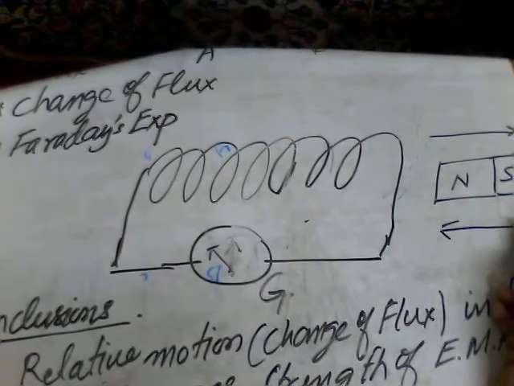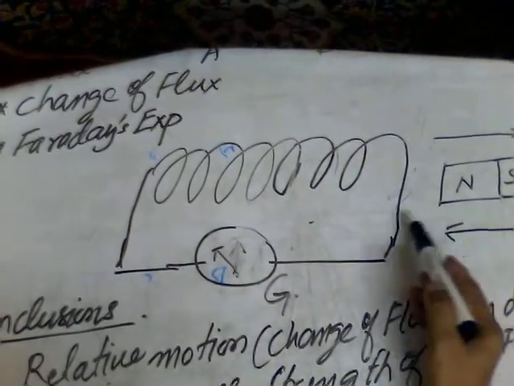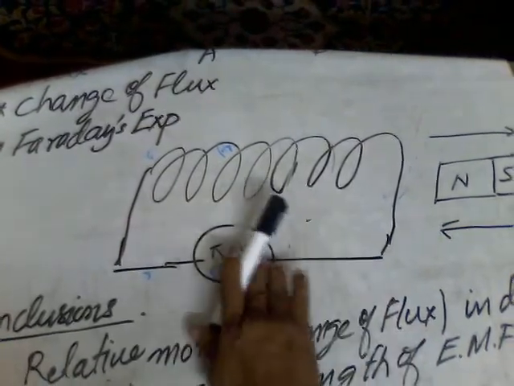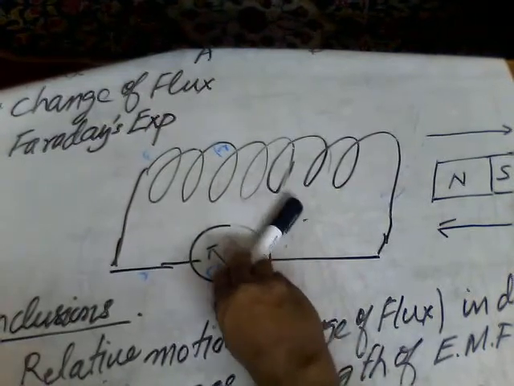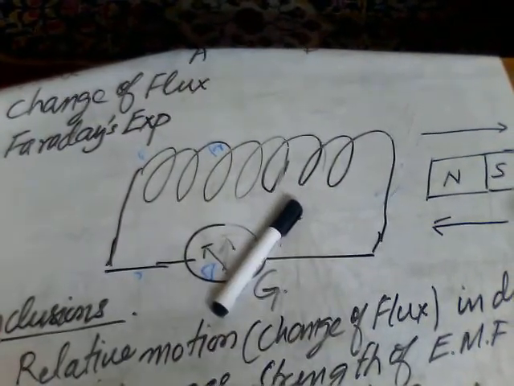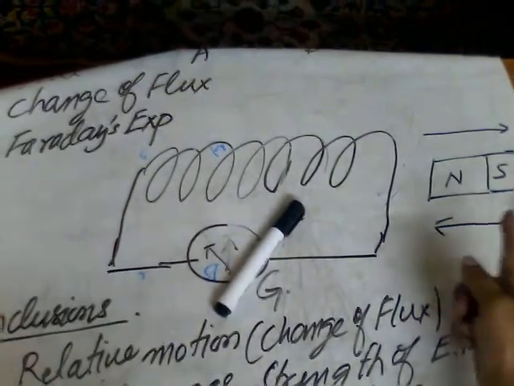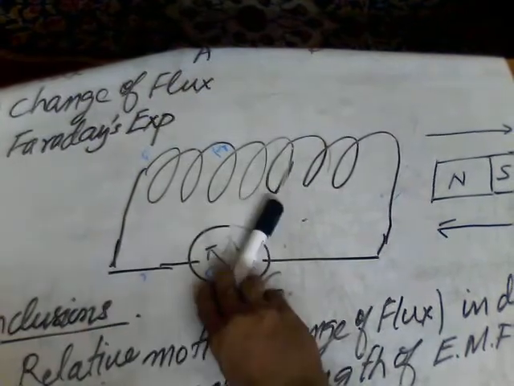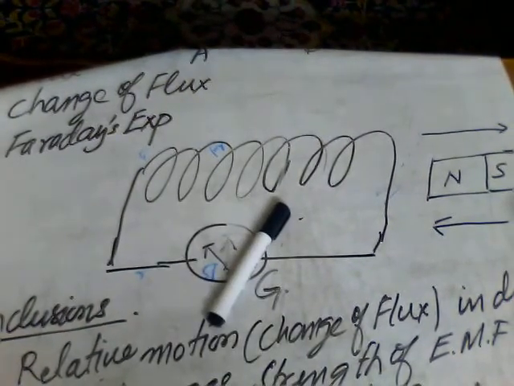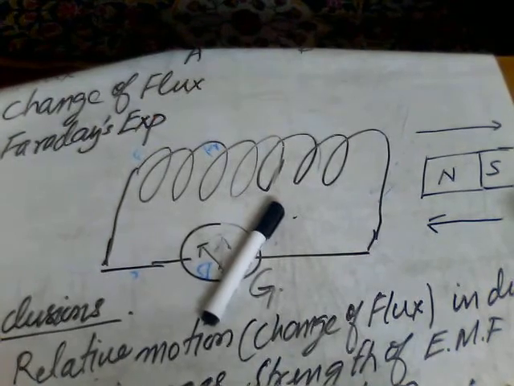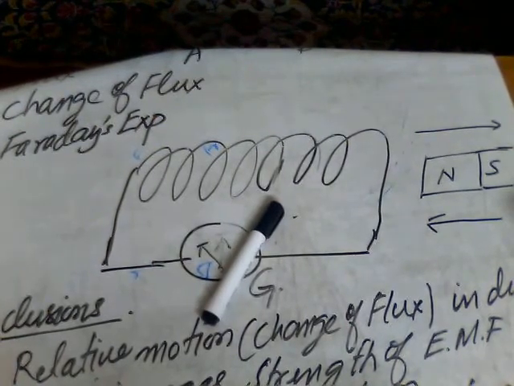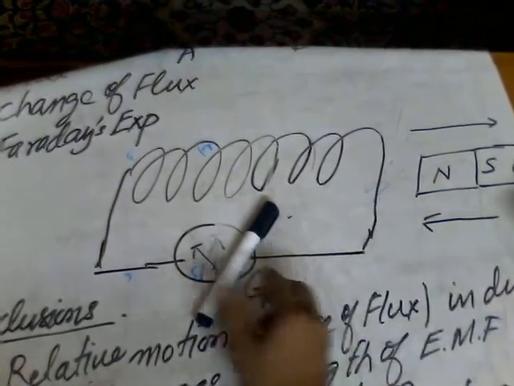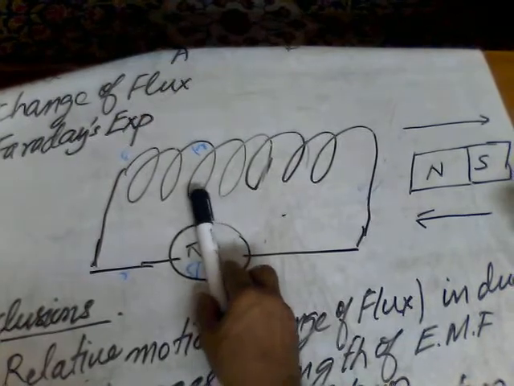When we bring the magnet toward the solenoid, the needle moves from zero to the right. The motion of the magnet is from right to left, whereas the needle moves from left to right. On the other hand, when we move the magnet from left to right, the needle will move from right to left.